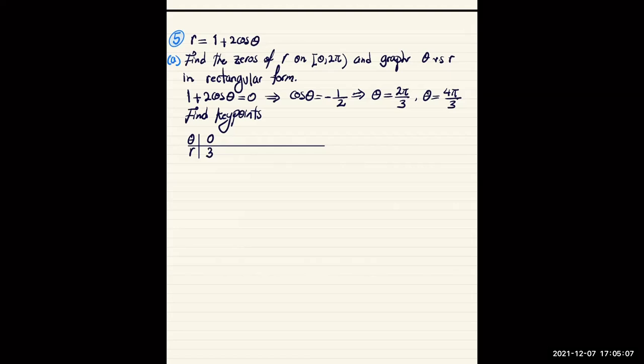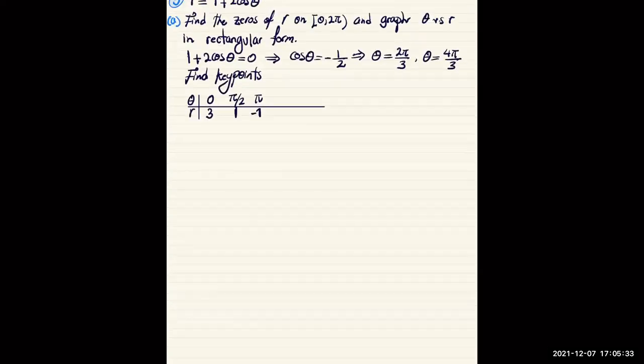The next key point is when theta is pi over 2. Basically, take increments of 90 degrees. Cosine of pi over 2 is 0, so we get 1. Next, take pi. Cosine of pi is -1, so we get 1 minus 2, which is -1. That would be the minimum.